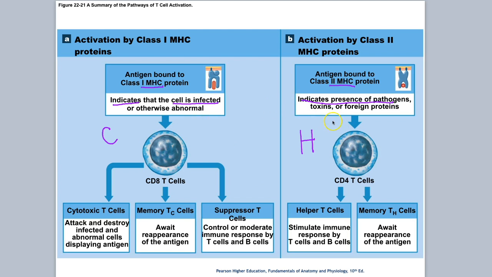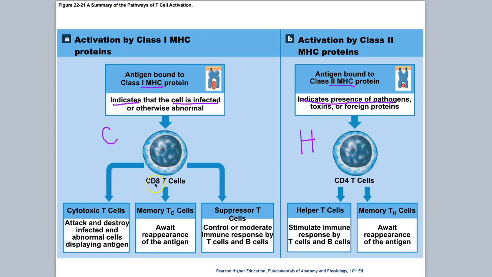I just want you to make sure you memorize what the cytotoxic T cells bind to and recognize. They're recognizing infected cells. What the helper T cells bind to and recognize: they're binding to the phagocytic cells, and they're just recognizing the presence of some pathogen or toxin in the body that the phagocytic cell consumed via phagocytosis.